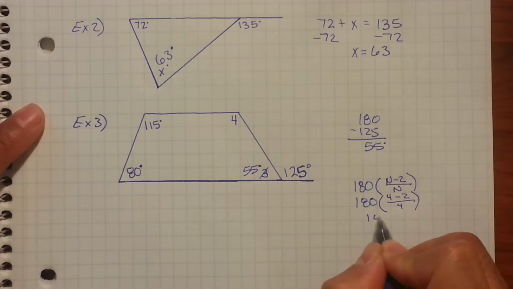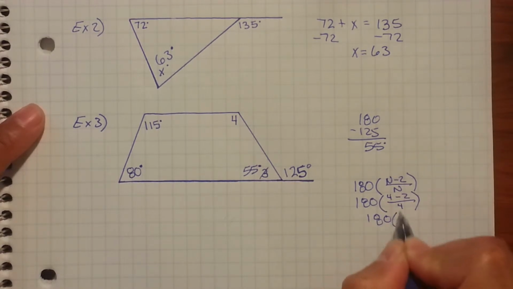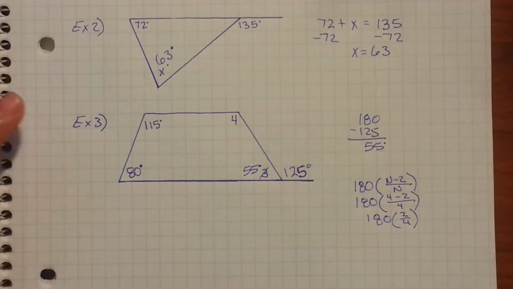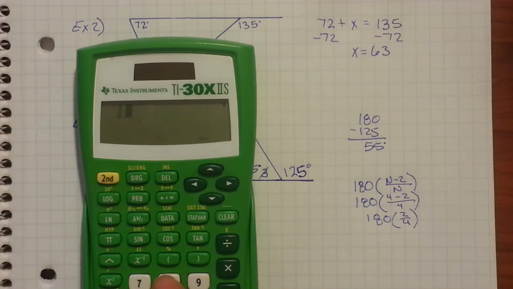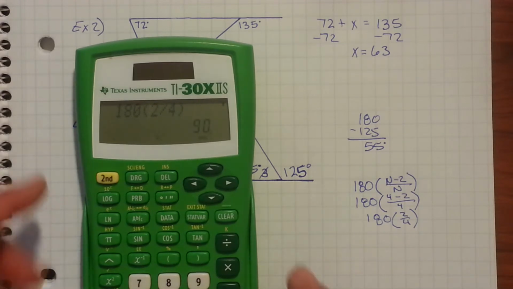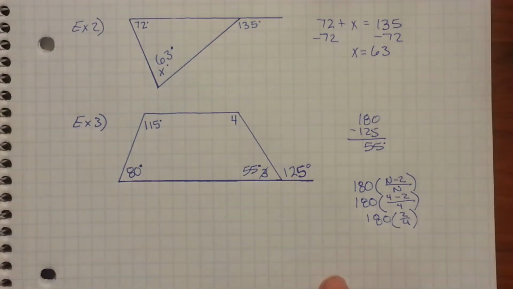So it's 180 times 2 over 4, and that would give me 90 for each.